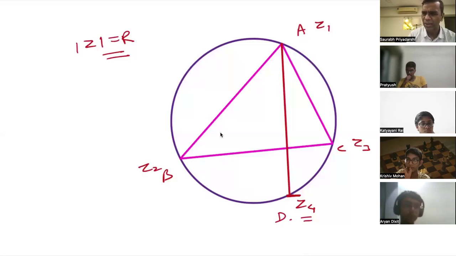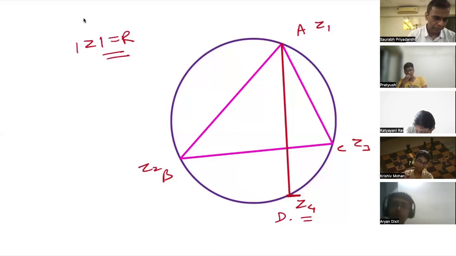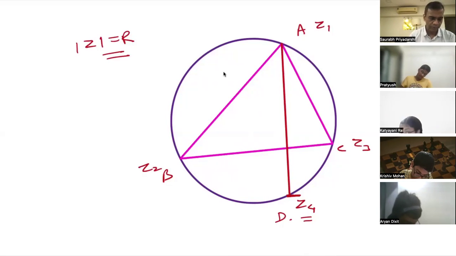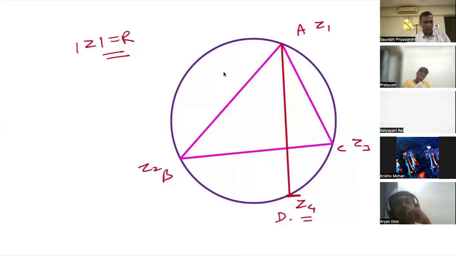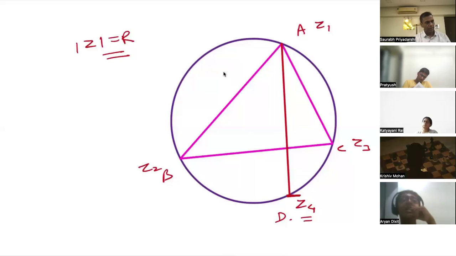Either you can take R or radius 1, no problem. So let's go with the unit circle.